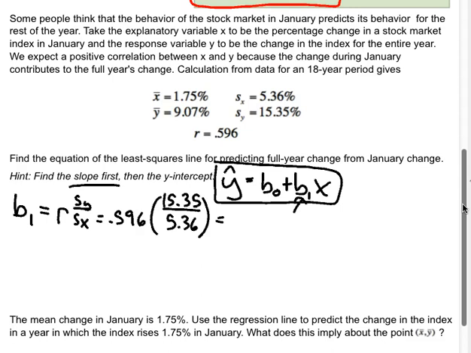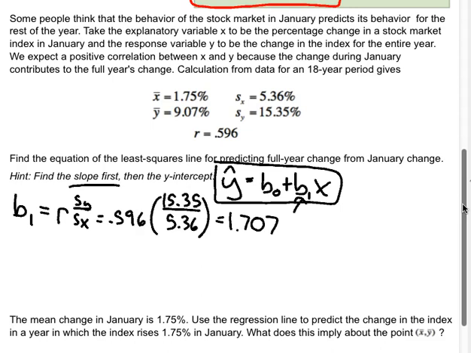All I have to do is plug that into the calculator: 0.596, then times that 15.35 over the 5.36. That's going to give me about 1.707 for my slope. Okay, so that's my calculated slope.